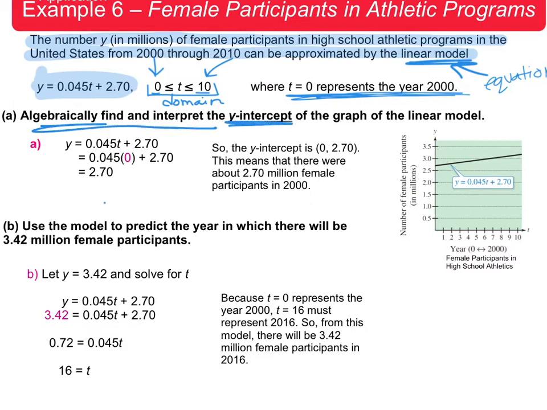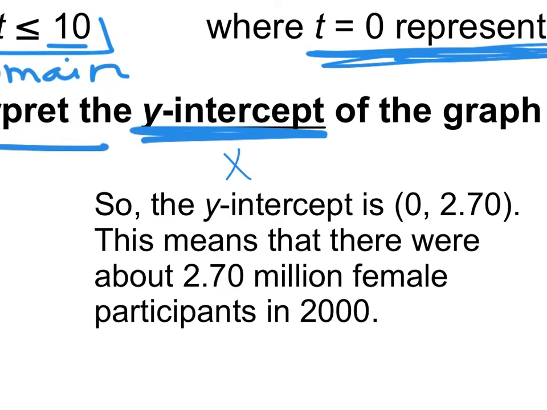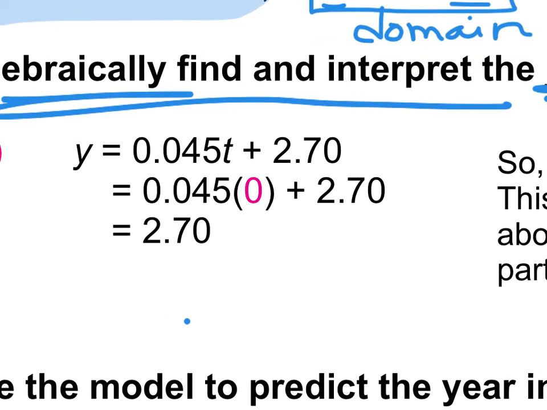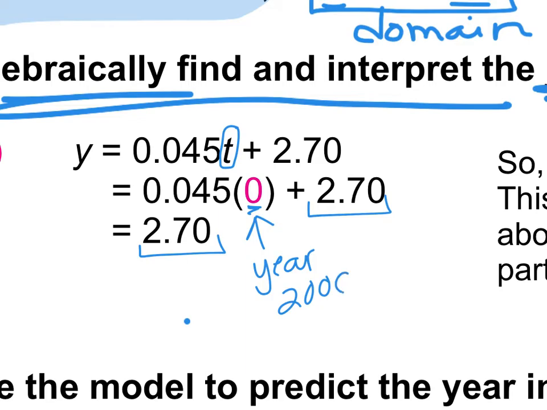If we substitute in, because remember to find the y-intercept, we make x equals 0. And the work is done here for us. This is just going through the example in the book. If we substitute in t, because t is our x value, we're using t for time instead of x. So we substitute in 0 there. We're just left with this 2.70. Okay, so what does that mean? It means that 0 was the year 2000.